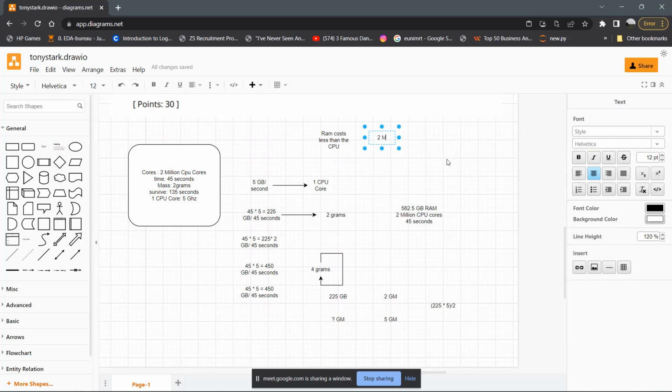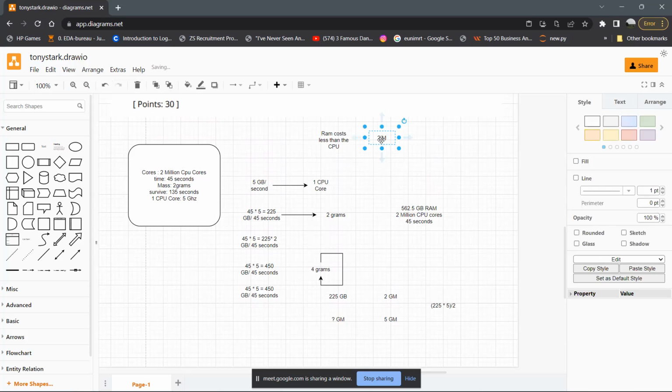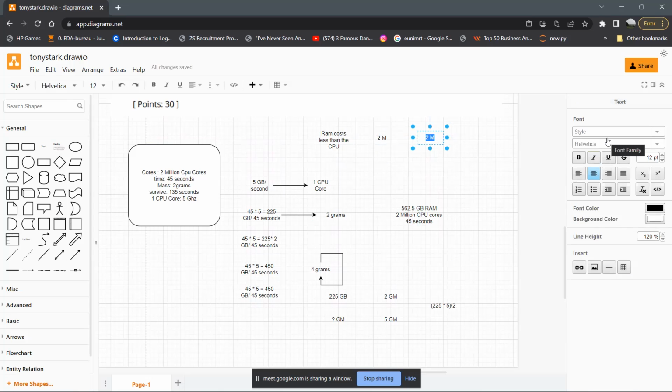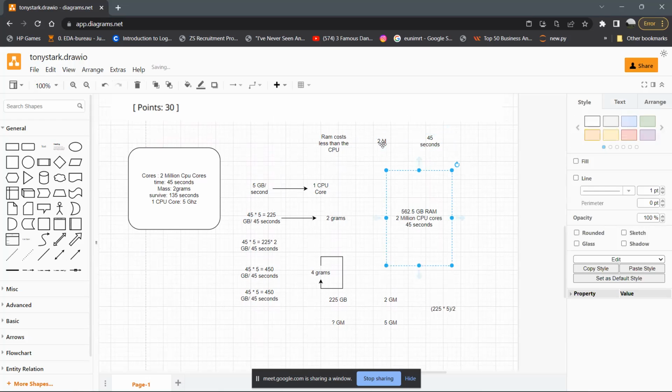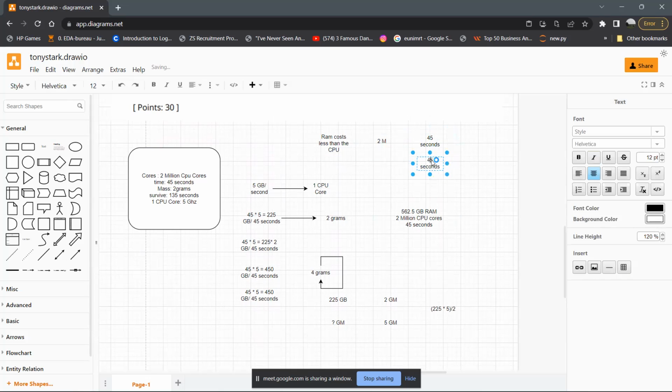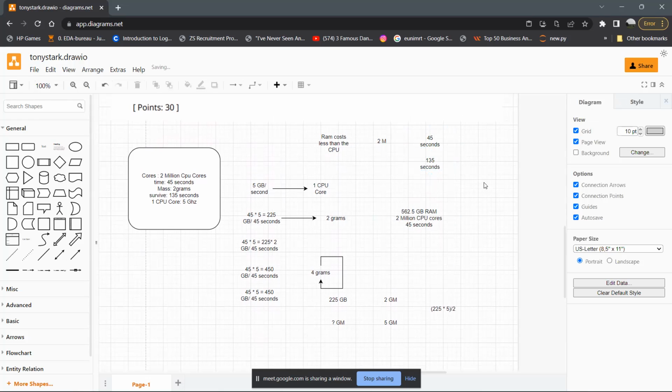Just for others to understand: 2 million cores is taking 45 seconds, right? And we want to know, for 135 seconds, how much time it will take.